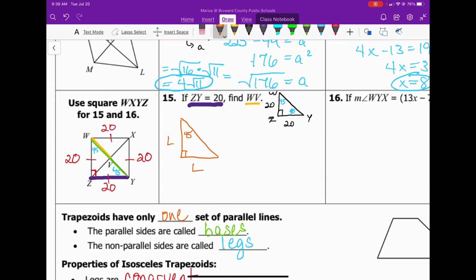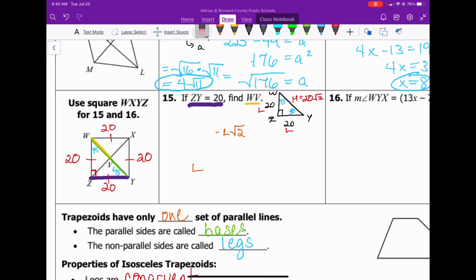Now the hypotenuse, which this is the hypotenuse, is equal to the leg times square root 2. That's just a given formula. So if this is a leg and that's a leg, then we know that the hypotenuse is equal to 20 square root 2.